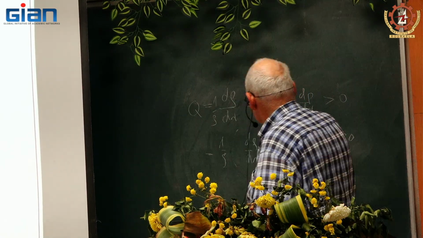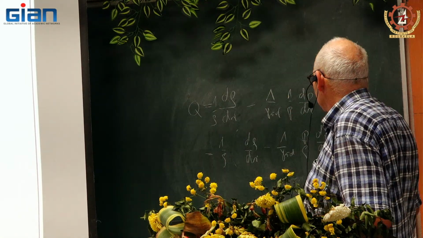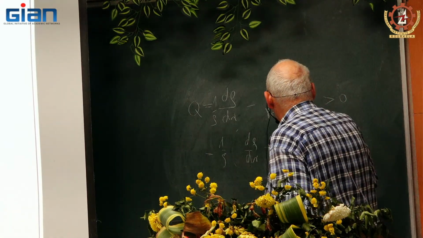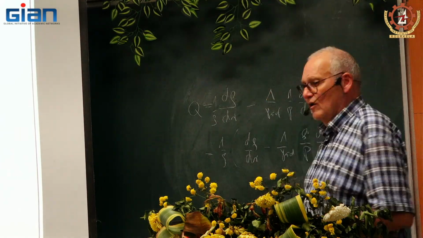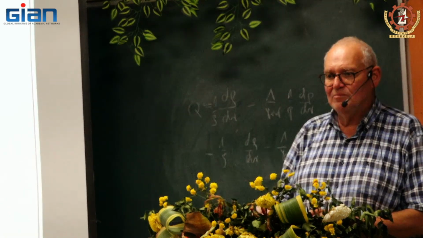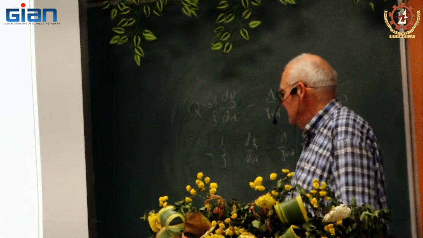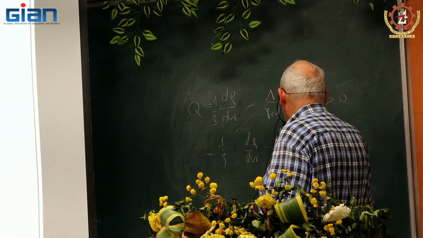Well, this quantity here, p over rho times gamma adiabatic: p over rho is simply related to the sound speed squared, gamma times p over rho. So this is 1 over sound speed squared.